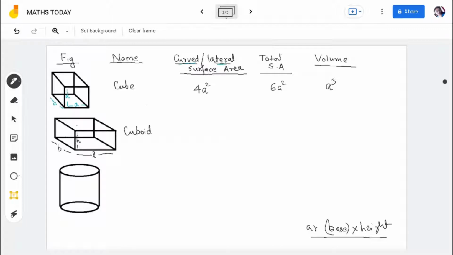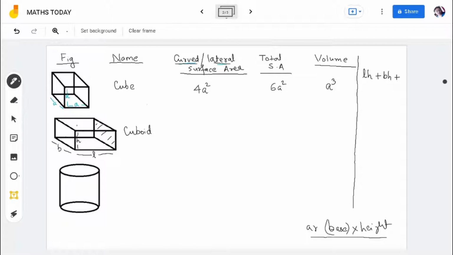If I'm finding out the area of this rectangle, its area will be L into H. So here I'm writing L into H plus. If I'm considering this rectangle, this is the base and this is the height. So base into height is the area of this rectangle.